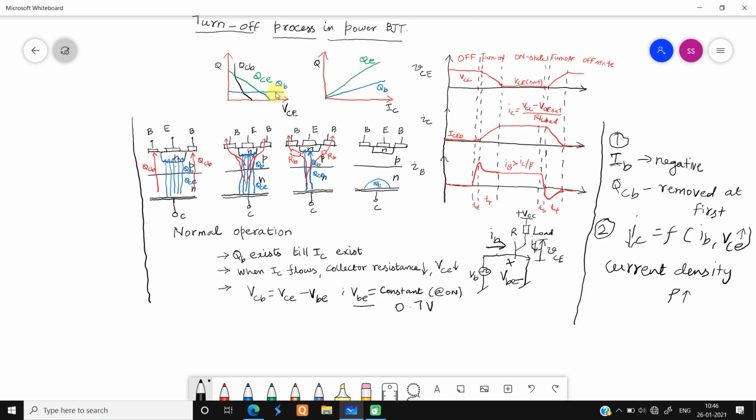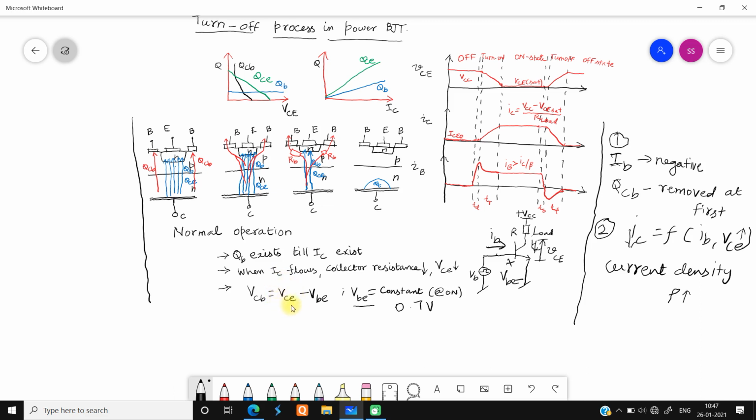Since this current density is going to be decreased, the VBE will be getting negative, because we know VCB is equivalent to VCE minus VBE, and at the on position this voltage is constant. But if the device goes into the off state, that will decrease the IC value, and this VCE will be increased.